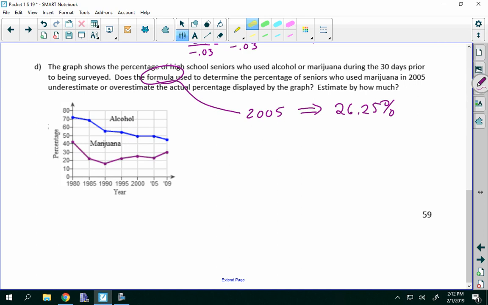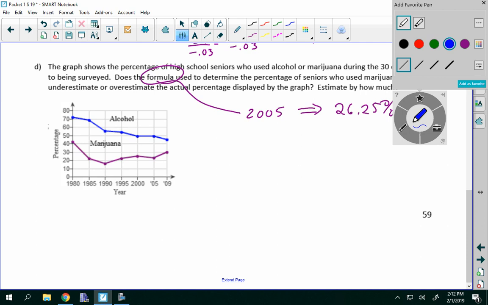I'll just use a little different color pen. So here's the year 2005. If I go up to my graph, it looks like that's about 22%.